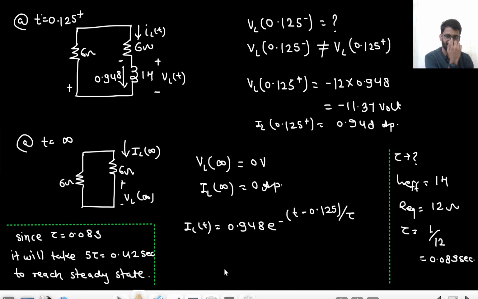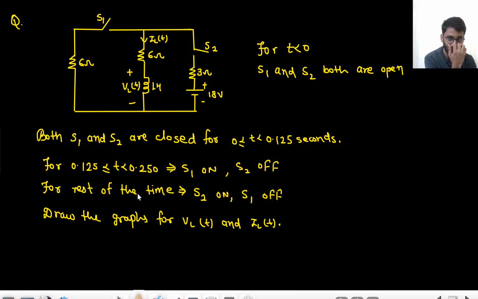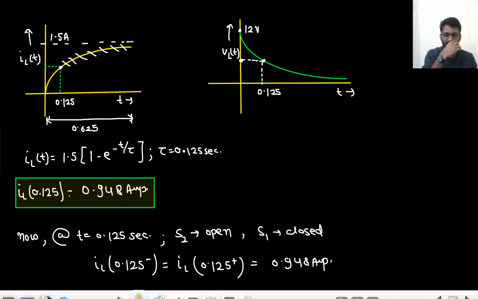But after 0.125 second, from 0.125 to 0.250 second, we are doing something different as well. After 0.25 second, we are making S2 on and S1 off. So again, steady state will not be reached. What they are trying and what actually will happen, we will see here.